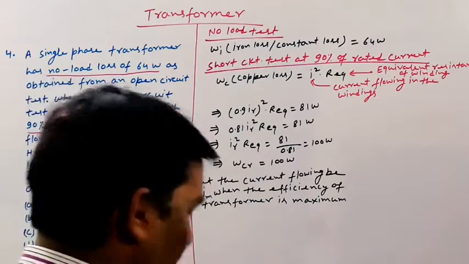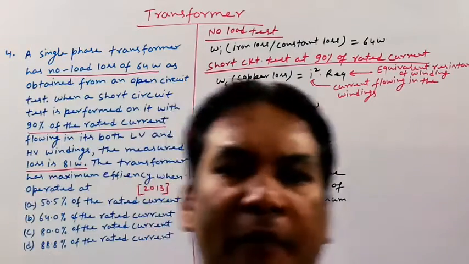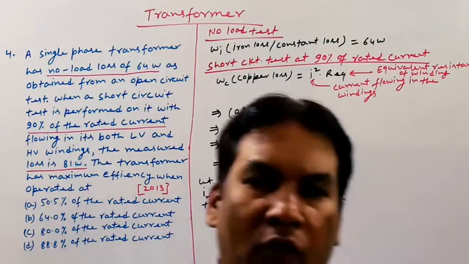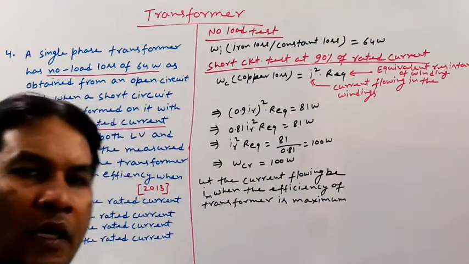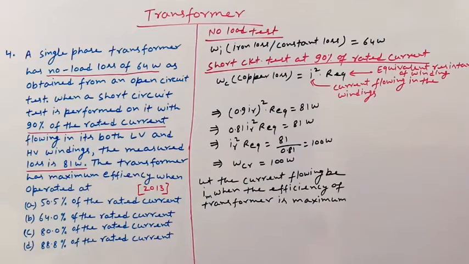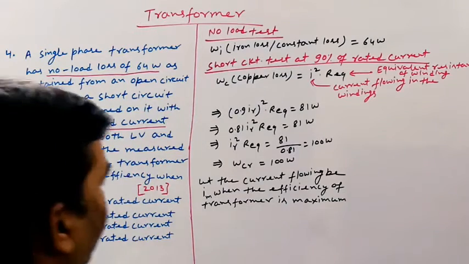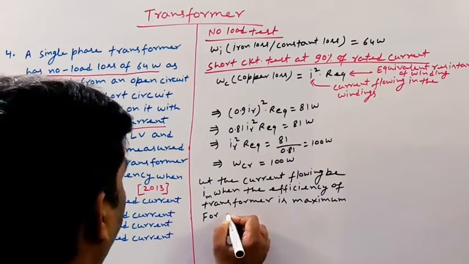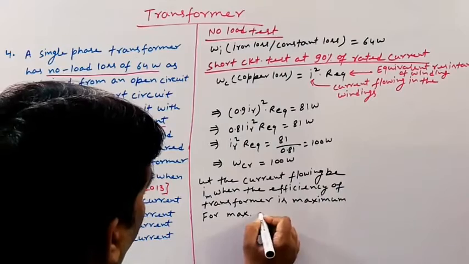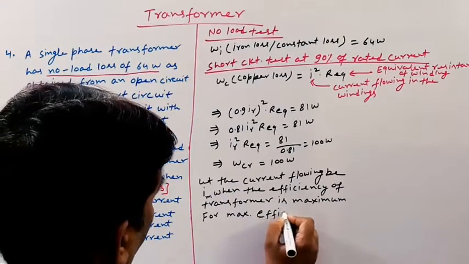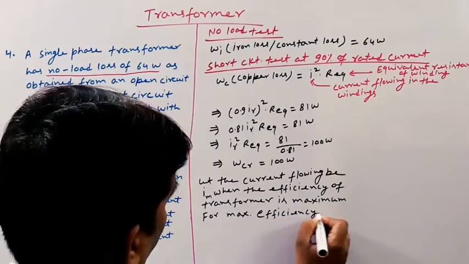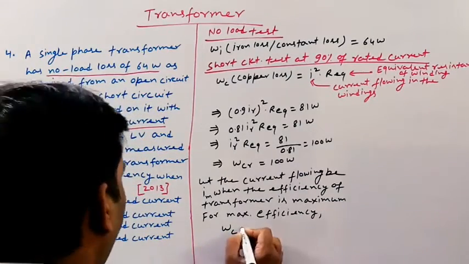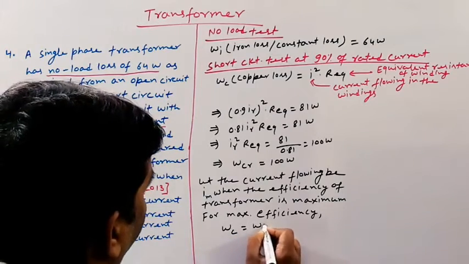Now as we know, the transformer has maximum efficiency when the variable loss is equal to the constant loss, or you can say the copper loss is equal to the iron loss. So for maximum efficiency, W_C, the copper loss, must be equal to W_I, the iron loss.